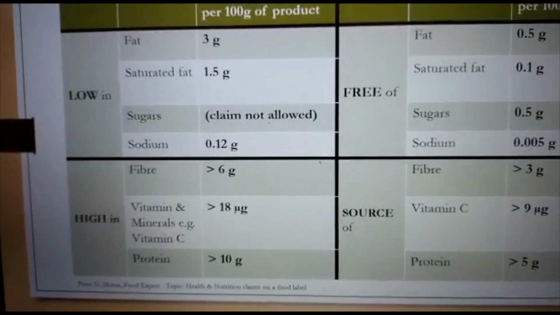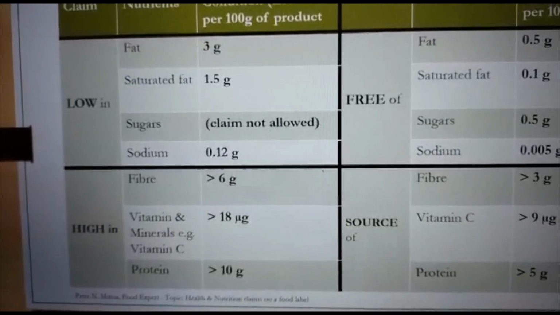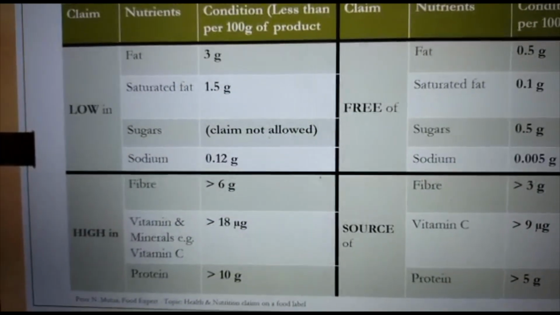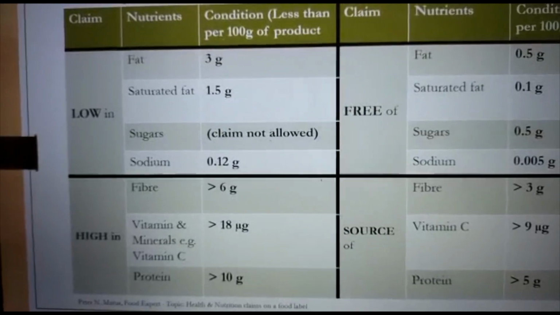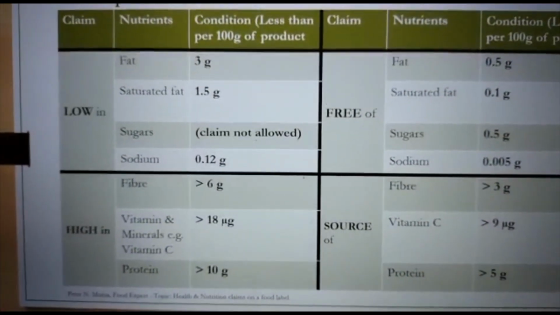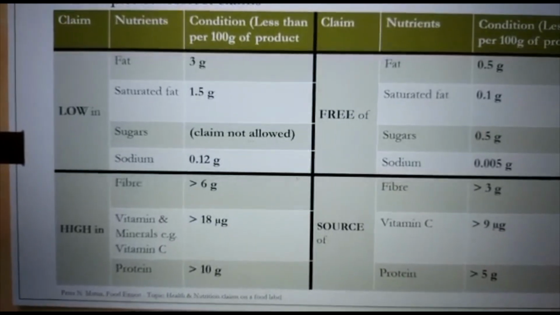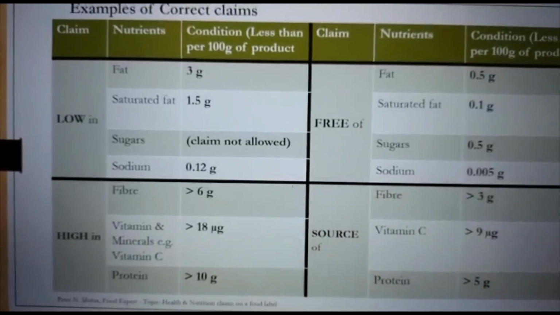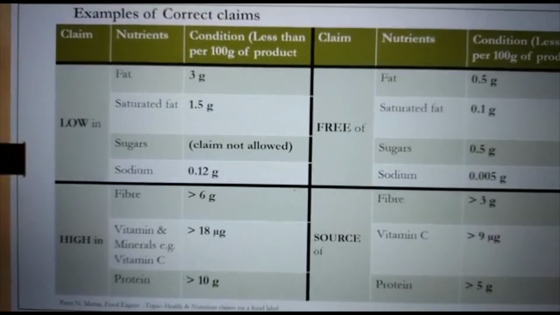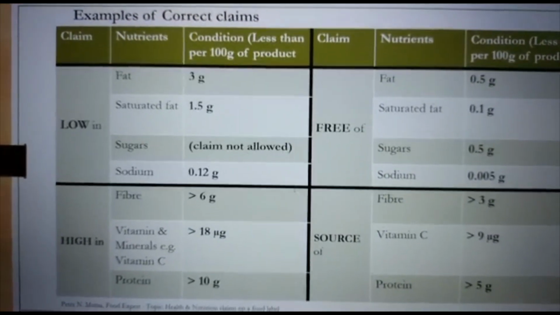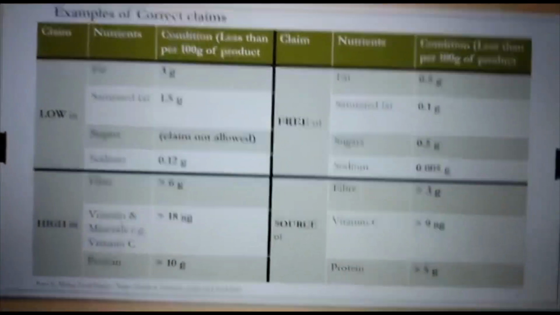In this case, you'll find terminologies like high in fiber. It will mean for 100 grams of our bread, 6 grams will be dietary fiber. So this has been established, and this is the same information that we would expect to be seen on the nutrient declaration table or the nutritional information, and based on that we are able to determine whether the claim that has been applied is true or not true.